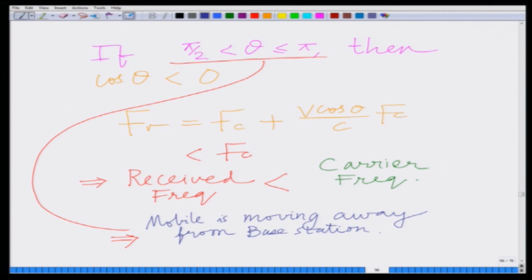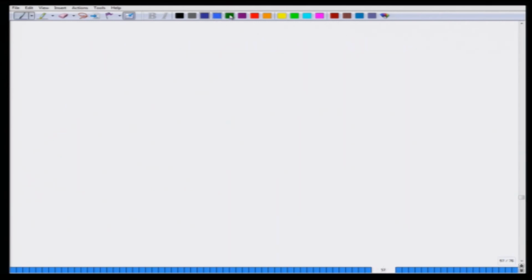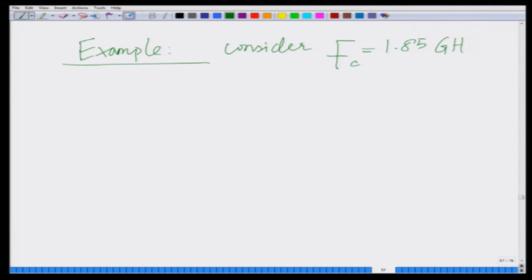Okay. And now, let us look at a simple example to understand the Doppler effect better. Let us consider Fc equals 1.85 gigahertz, and we have a vehicle moving at 60 miles per hour, at θ equals 30 degrees, that is the angle of the mobile with respect to the base station.